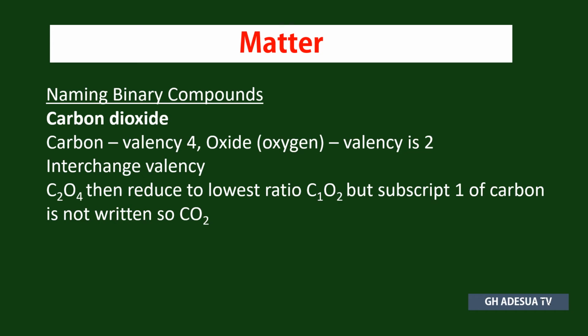So carbon has 2, oxygen has 4. This can be reduced by a factor of 2 to become 1 and 2. So reduce to lowest ratio to become C1O2. But whenever there is 1 as a subscript, we do not write it. That is why carbon dioxide has CO2 as its binary compound form, CO2.